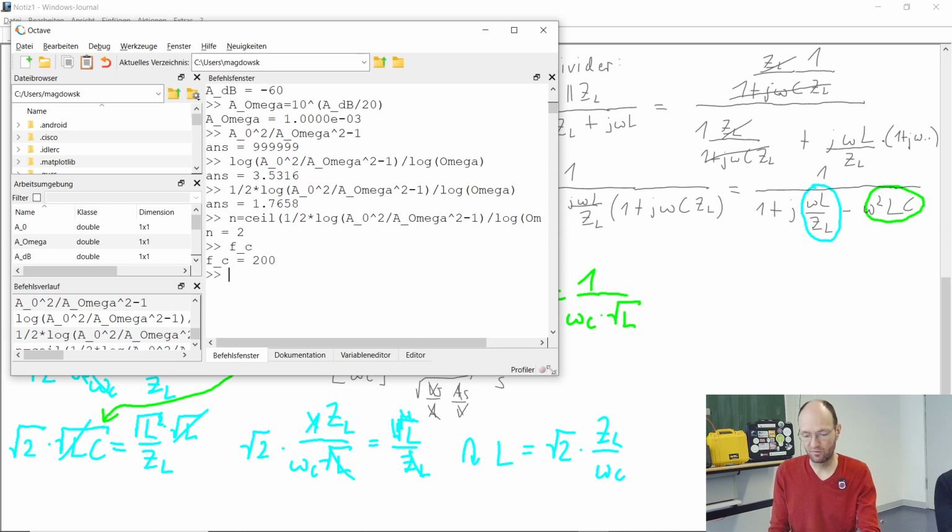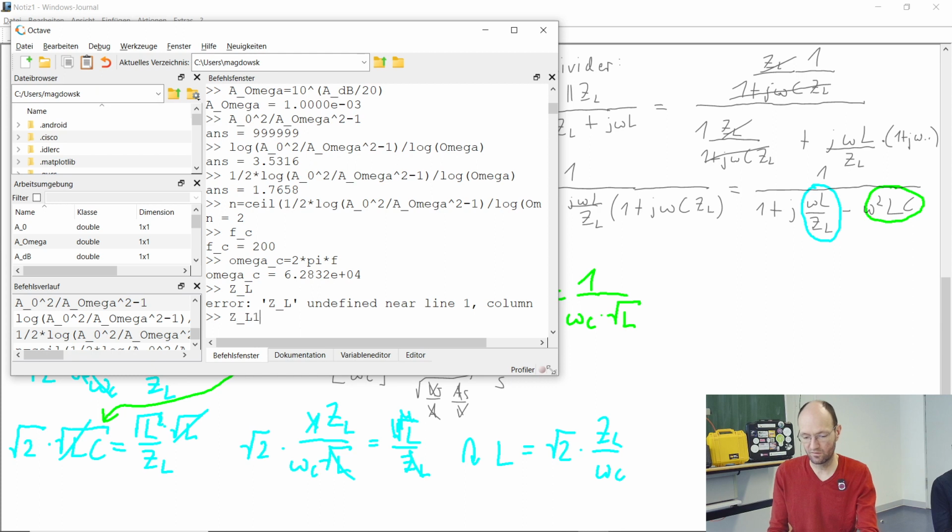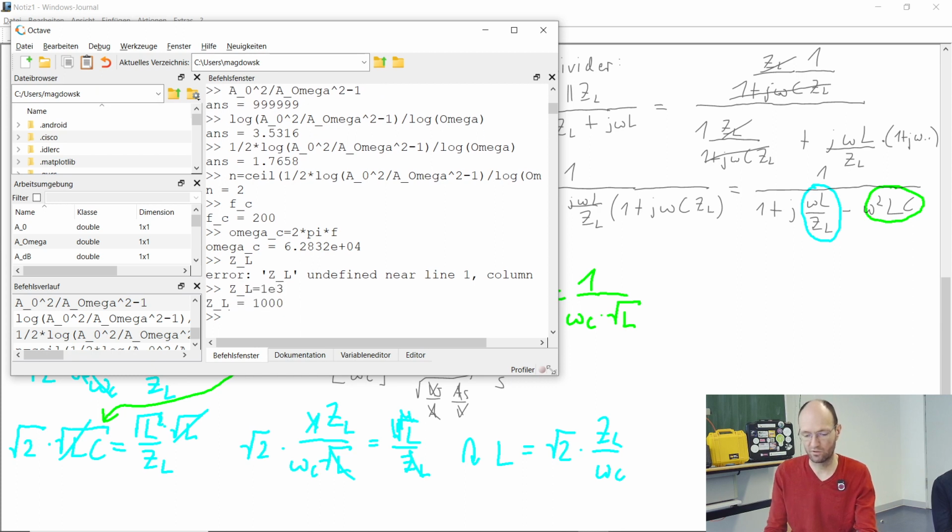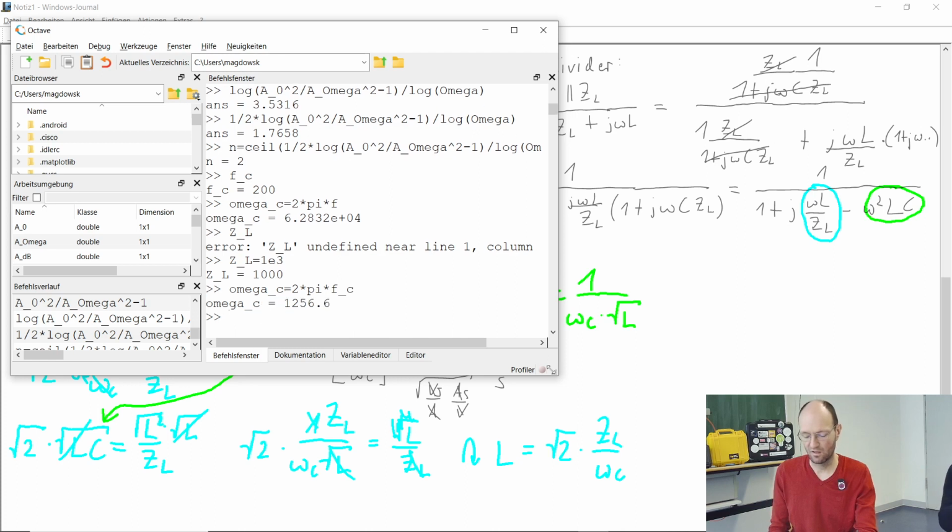So our angular corner frequency is 2 times pi times f. And ZL, I think we don't have yet. This is 1 kilo ohm according to our task sheet. We have FC there in omega. And we need to have in the omega C, we need to have FC, of course.